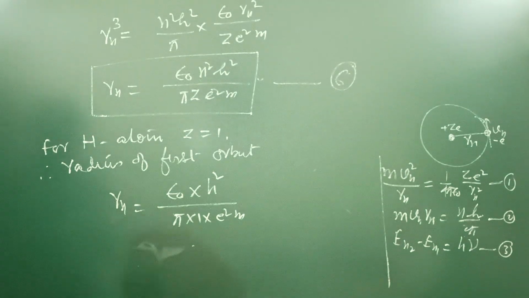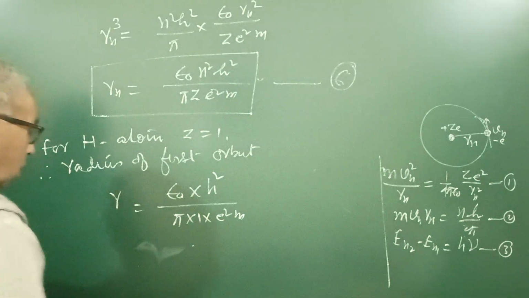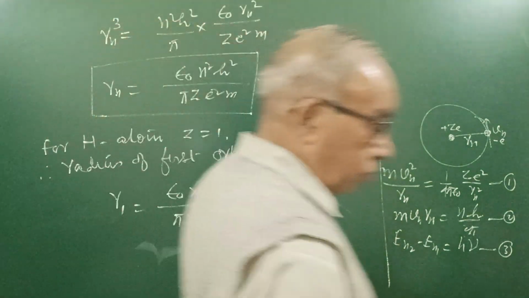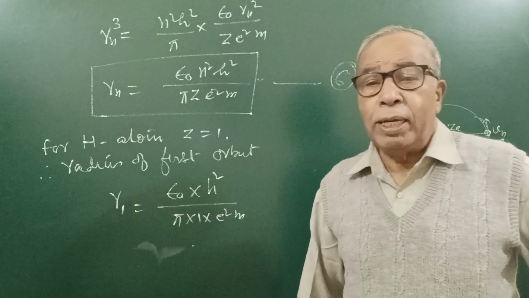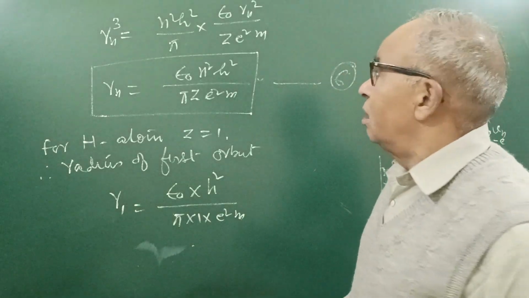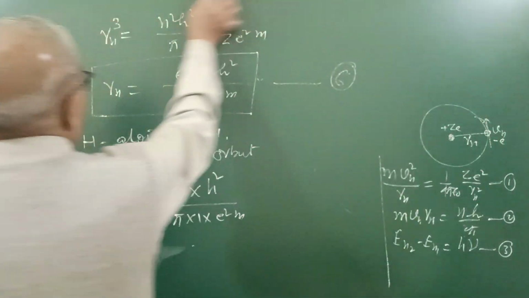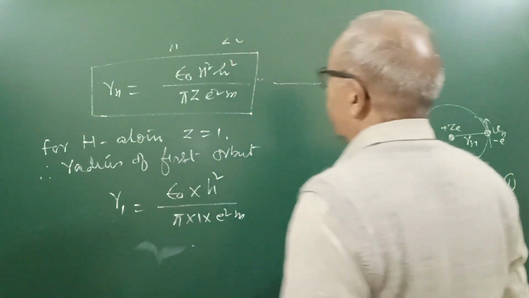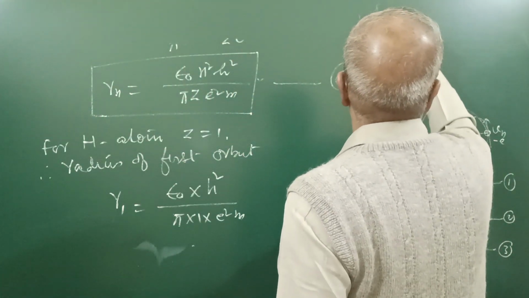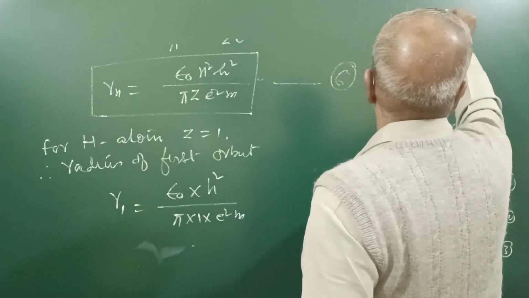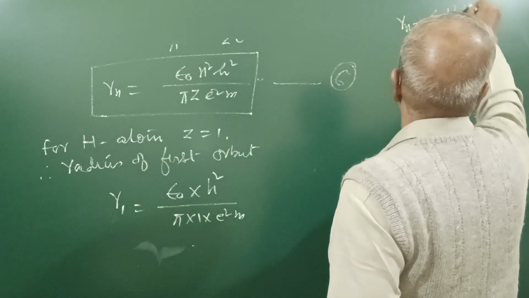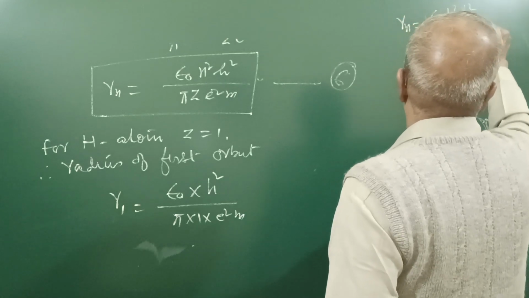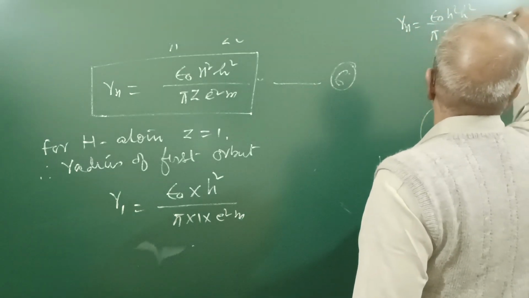You can calculate R1, the first orbit of the H atom. The first orbit of the H atom is generally called the Bohr radius, Bohr orbit. Rn is equal to epsilon 0 n square h square upon pi Z e square m, equation 6 here.